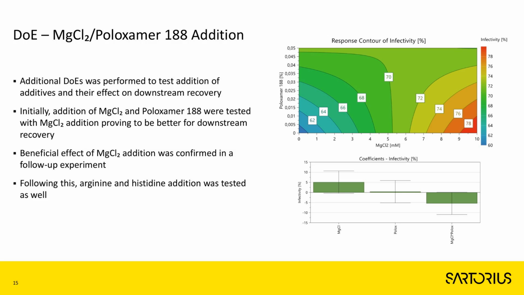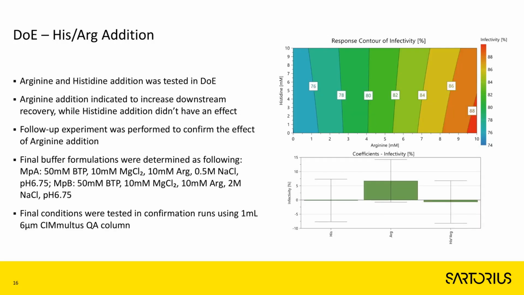And following this, we also performed DOE for the addition of arginine and histidine. If we look at the results from this DOE, if we look at the coefficients, what we can observe is that the addition of arginine again seemed to have a beneficial effect on the downstream process recovery, while the addition of histidine was irrelevant.